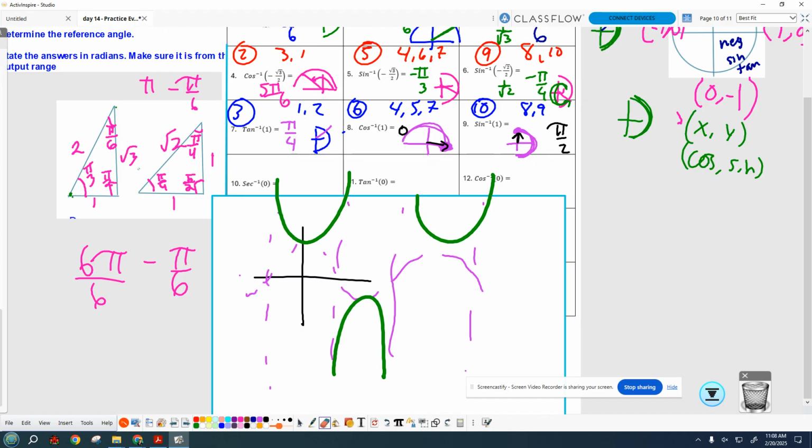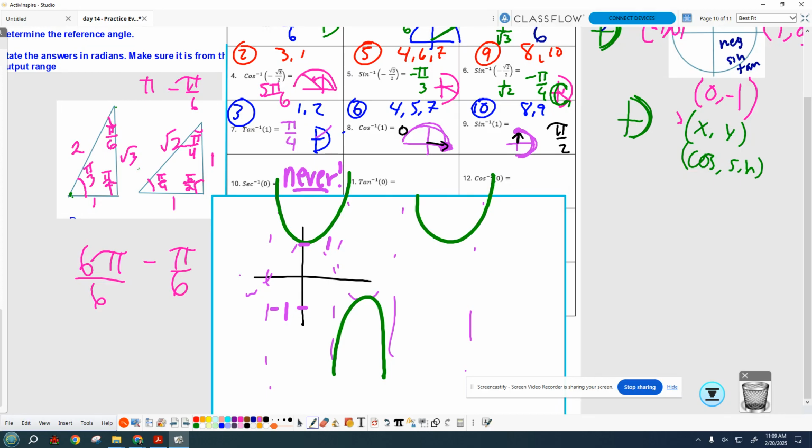And all this stuff goes away. This is -1, this is +1. When does the green swoopies hit 0? They don't. When is secant 0? It isn't. I have no answer.